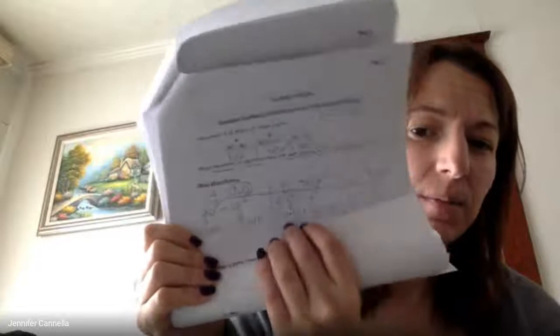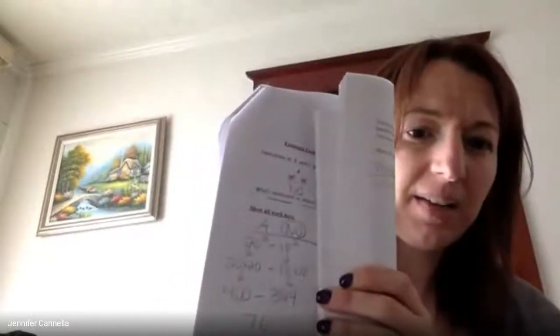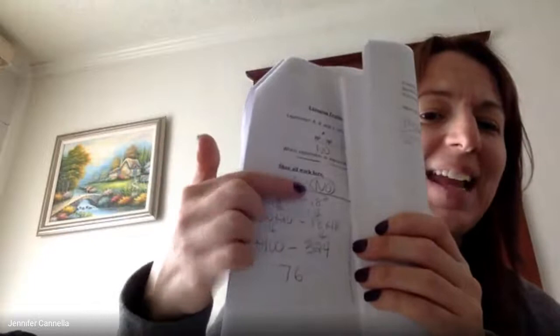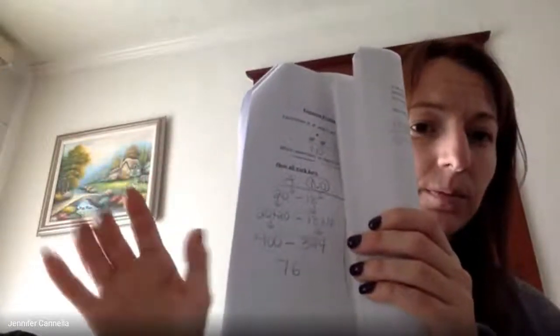When I subtract 324 from 400, I get 76. So A is going to be 76. So 76 is not the same as 144. So expression A is not true.